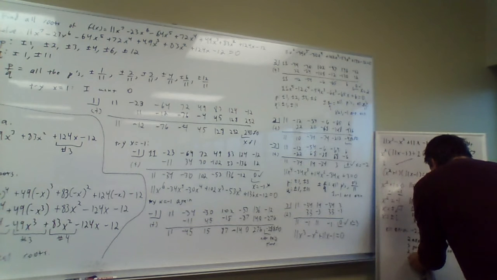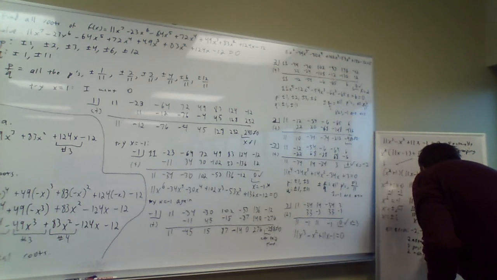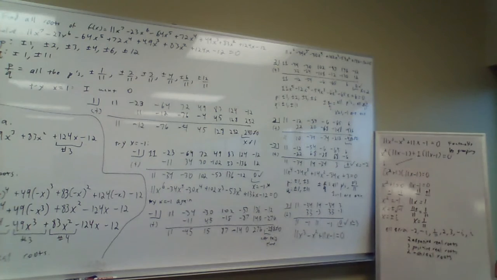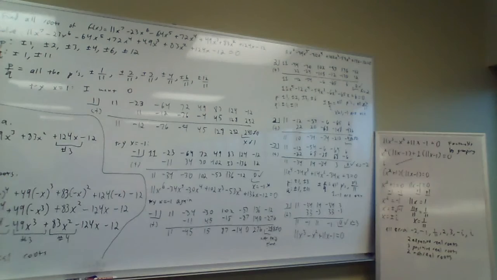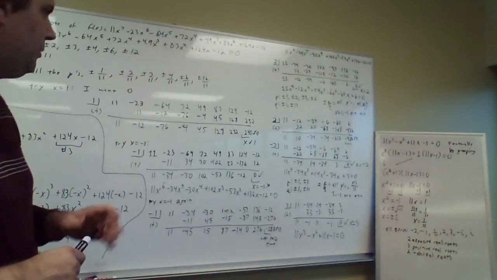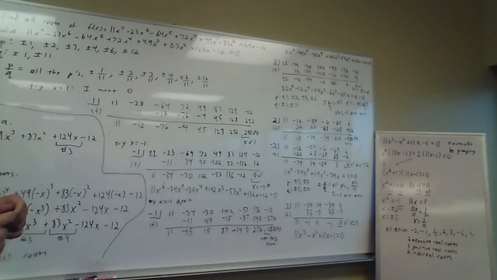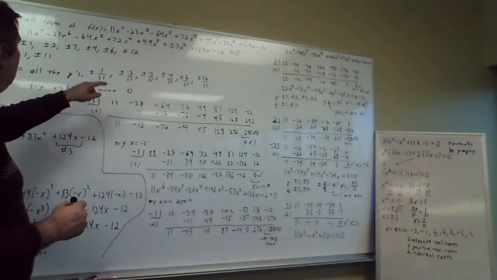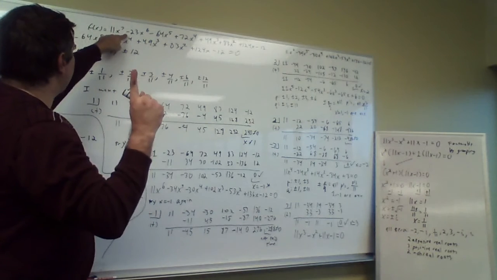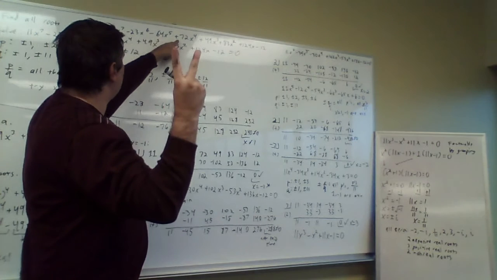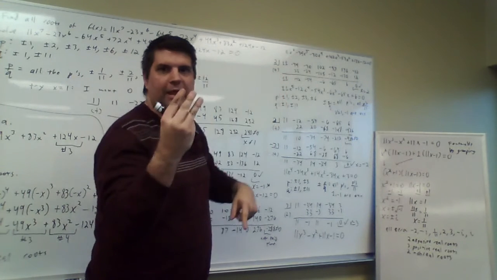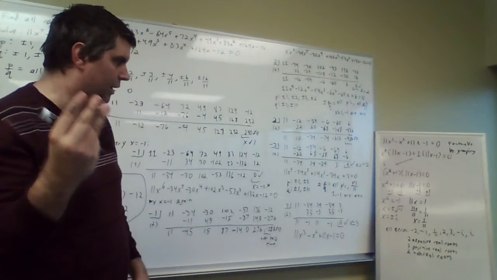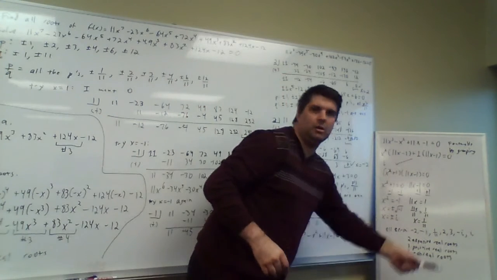We'll call them non-real. Two non-real roots. So when we did the Descartes rule of signs, we determined that there was one sign change, two sign changes, three sign changes. That would have given us 3 or 1 positive real roots, which is what we had.